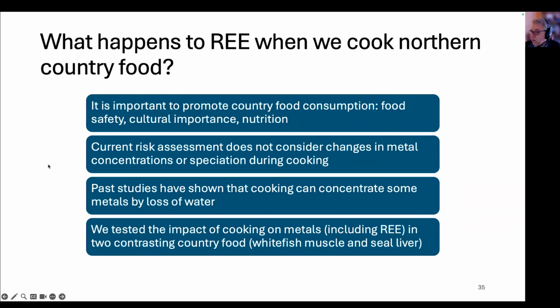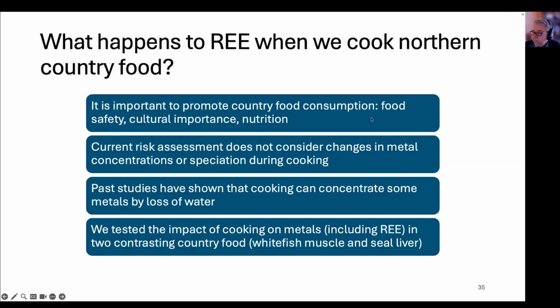In recent surveys, people from Nunavik have declared that they are sometimes missing days of food, and meals, like not three times a day all the time. So part of the population is really having a hard time getting food, and country food would be a really good way to increase their food intake and prevent deficiencies, and it's culturally important.